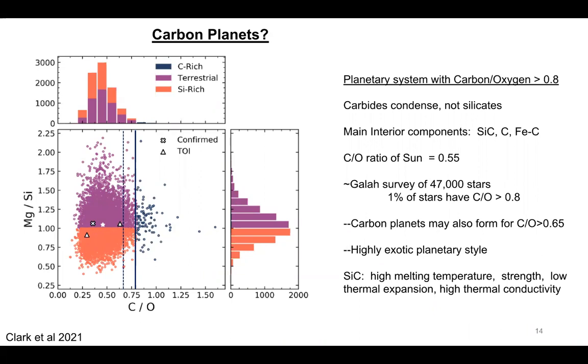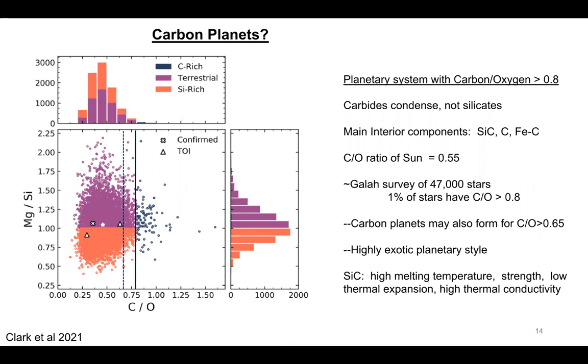The oxygen gets locked up in things like carbon monoxide or methane, and you end up with various types of carbides. So in the simplest case, a carbon planet can be very simple. It can just be a mixture of silicon carbide, possibly excess carbon in the form of diamond or graphite, and then an iron alloy core.